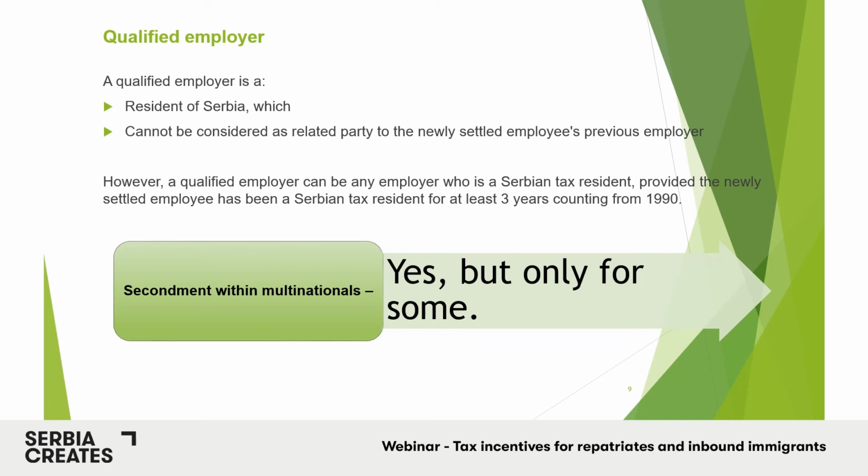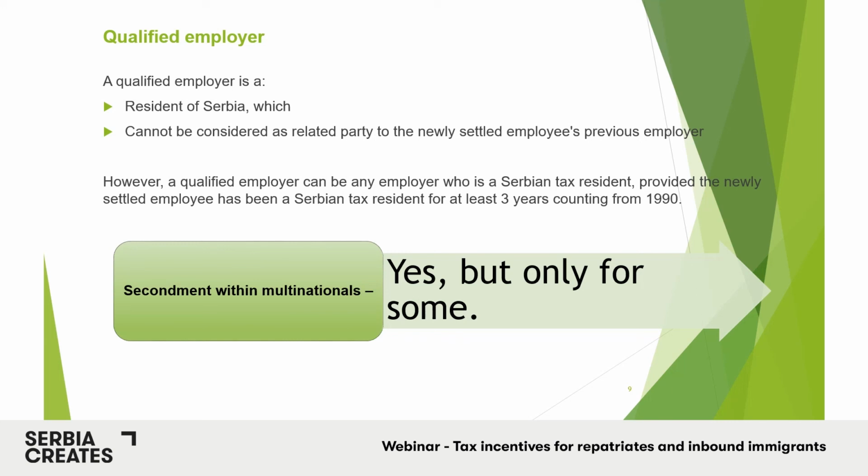Because the law states that this incentive can be used only if the employment relationship is concluded with a qualified employer. Now, a qualified employer is any employer who is a resident of Serbia, who also cannot be considered a related party to the newly settled employee's previous employer.